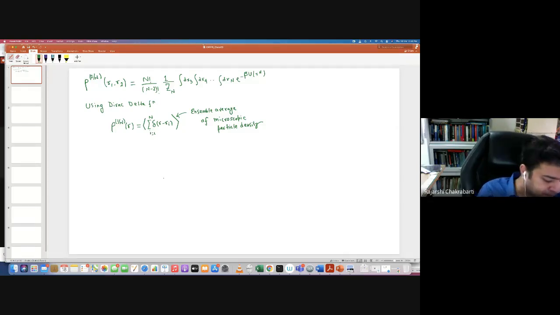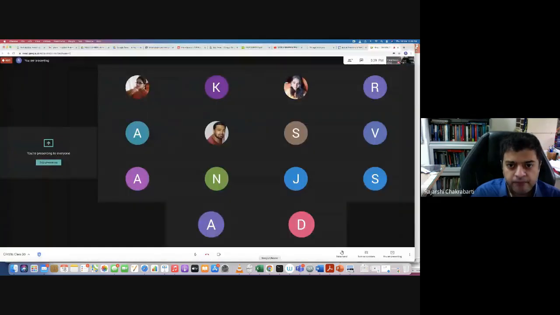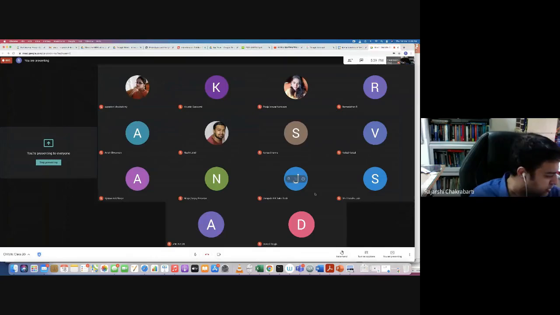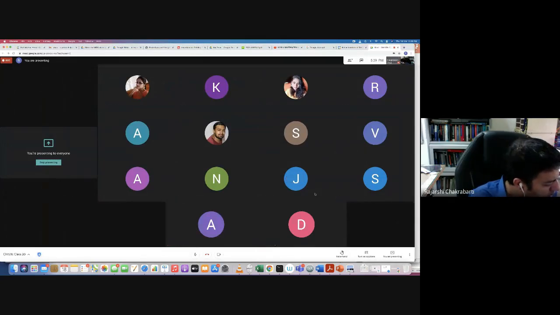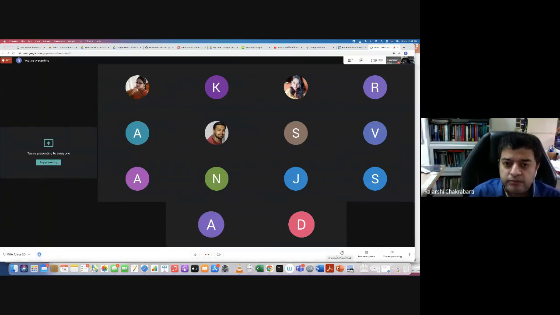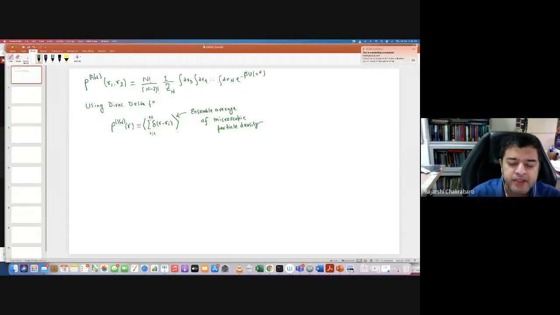Now you should realize this is very important. This averaging is important. What you do is as if you are forming a histogram. Whenever you take this average, what does it mean?